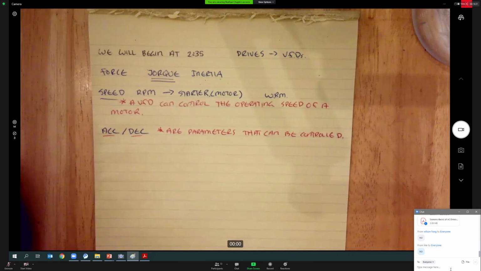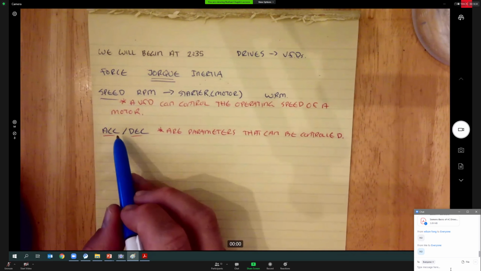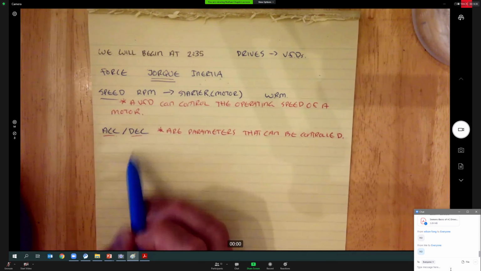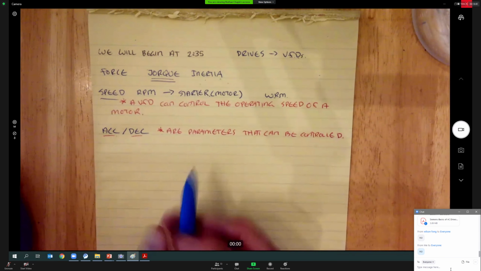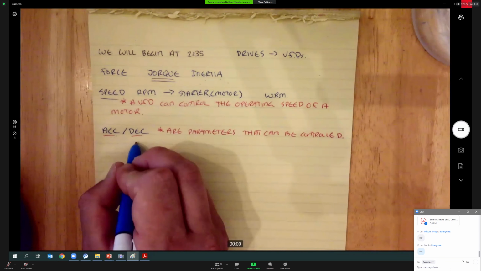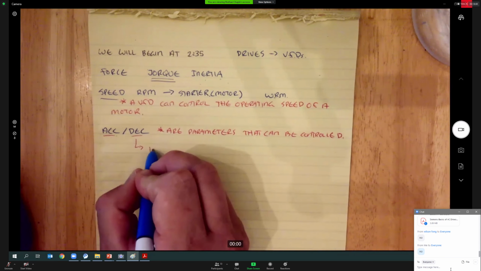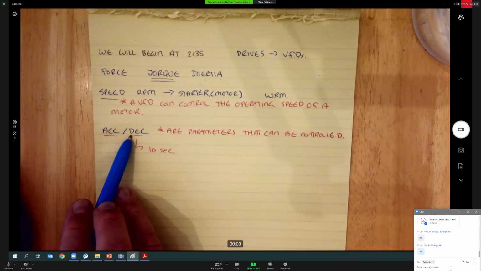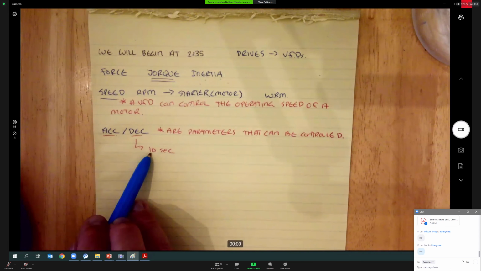With a variable frequency drive, we can set these things specific relative to the amount of time that we want. For example, we can set our deacceleration rate to 10 seconds. So if you wanted to slow your motor and its connected load down in 10 seconds, you can set this parameter to 10 seconds.